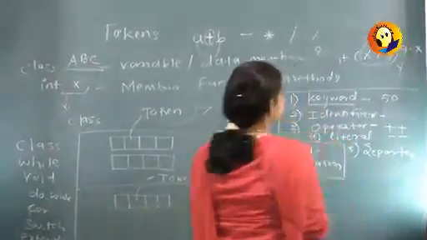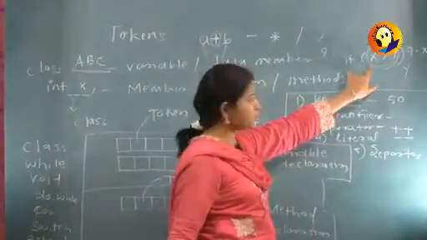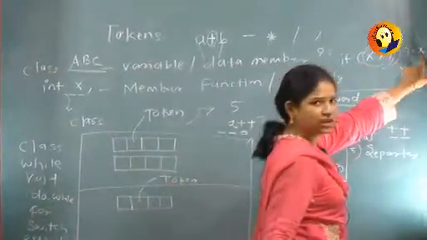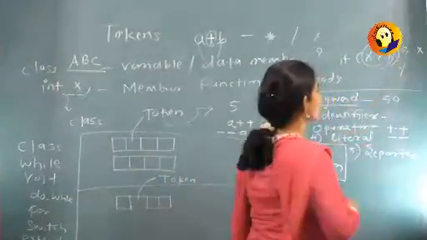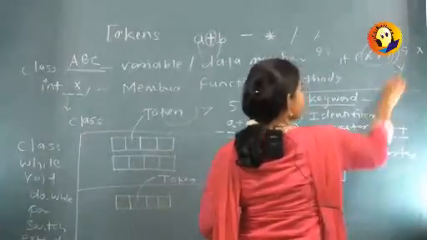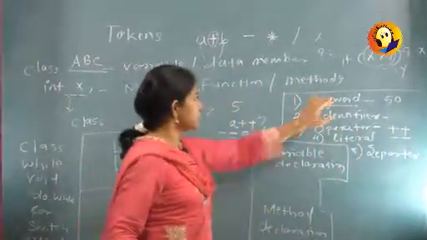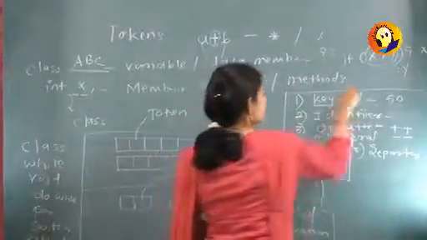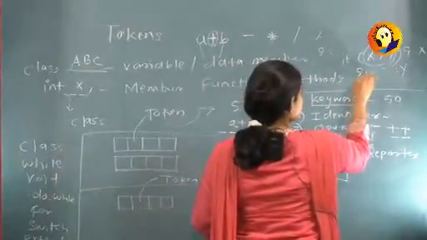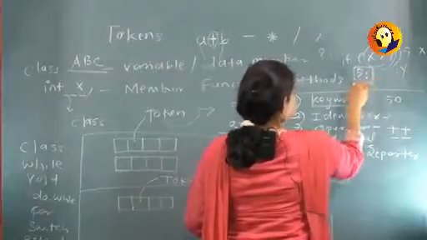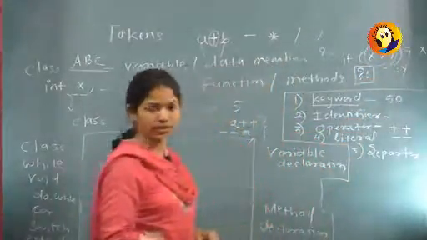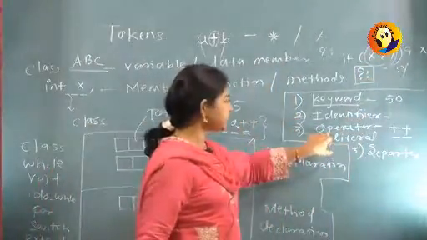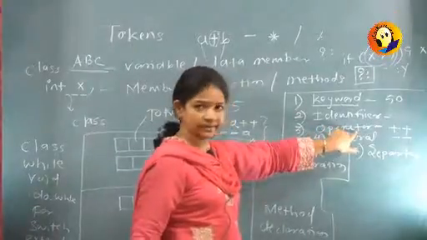If this condition is true, it will allocate the value of x, else it will allocate the value of y. This example is in the category of ternary operator. It is called the conditional operator and its symbol is the question mark and colon. So this is regarding the third token, that is operators.